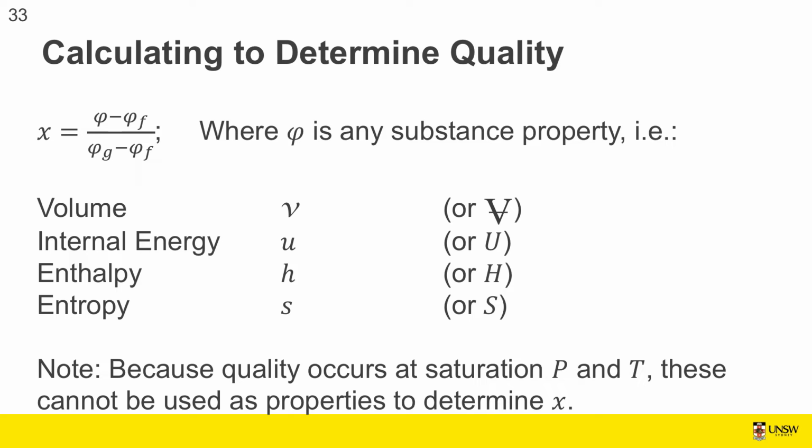To calculate it, so this is if you're using numbers, okay, you can take some property, denoted here as phi, and if we know what that property is at the saturated fluid state, and we know what that property is at the saturated gas state, okay, so this is the property value at the saturated fluid state, this is the property value at the saturated gas state, vapor state, and of course, liquid state.